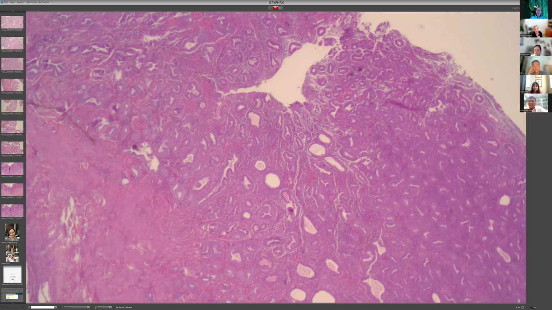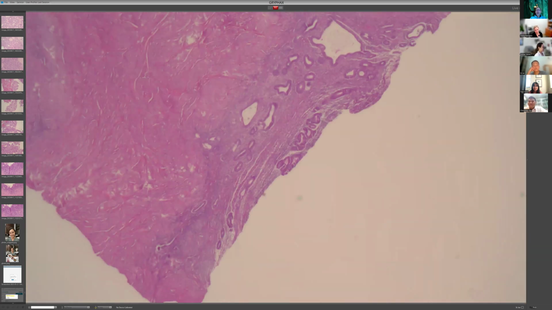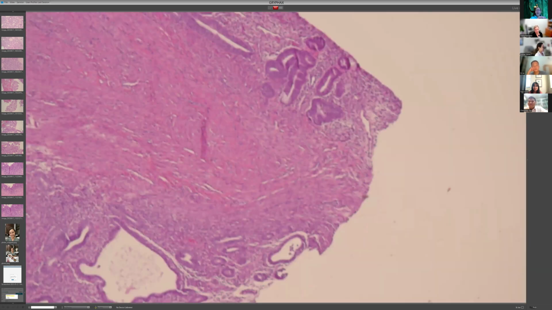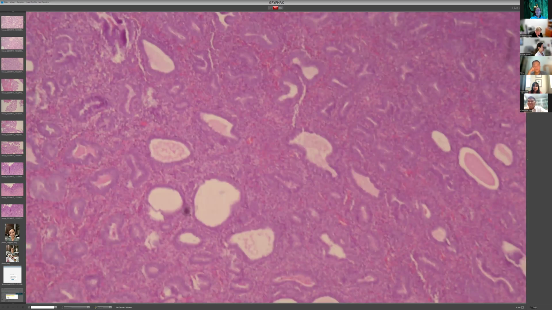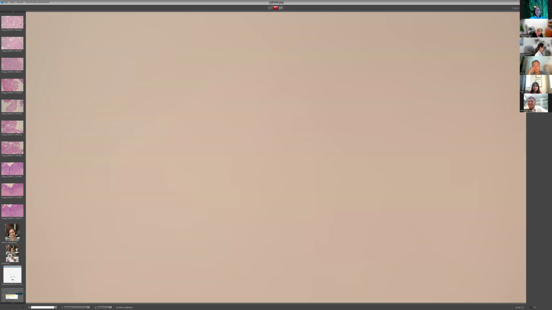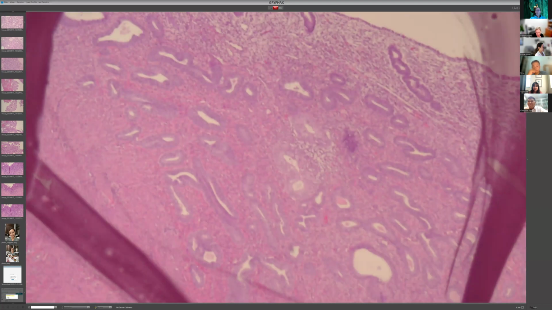Yeah, always look to see if you have a clearly normal area to compare with in your sample. And if you can look at those glands and say they look much less concerning than these other ones, then you're likely more towards the atypical category. Oh, here.